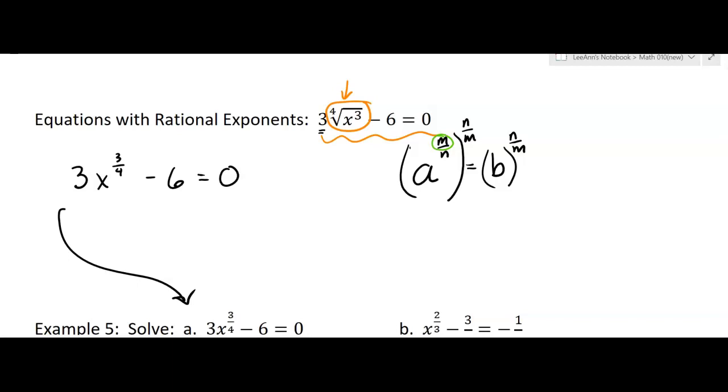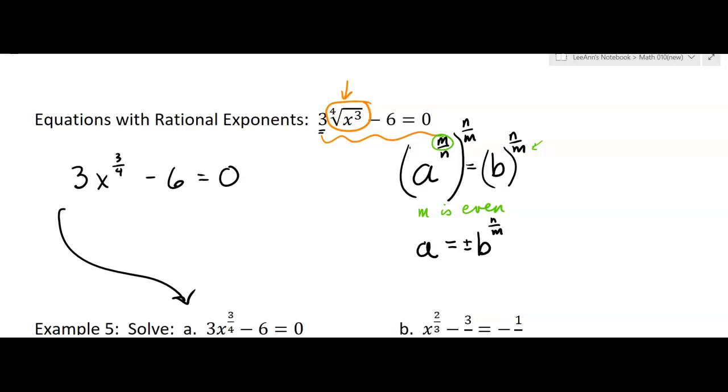So think of m as 2. If it were 2, that would mean you were taking the square root of both sides, so then you'd have to have the plus or minus. So if m is even, then a equals plus or minus b to the n over m.